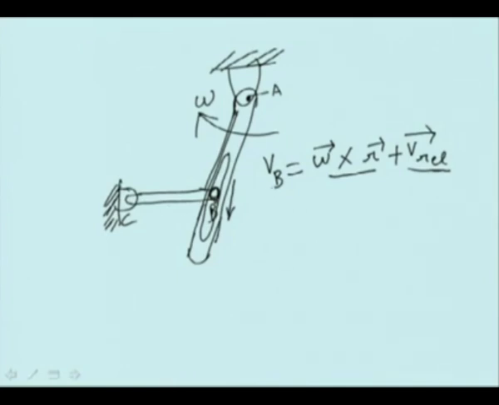So the absolute velocity of point B is omega cross the vector CB.